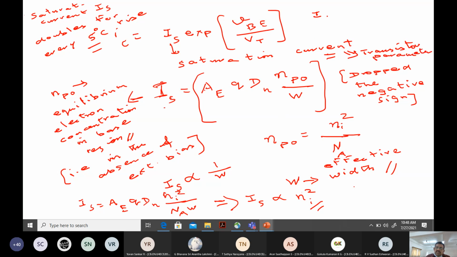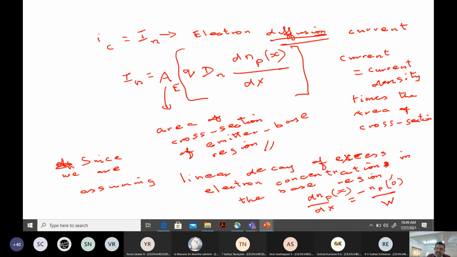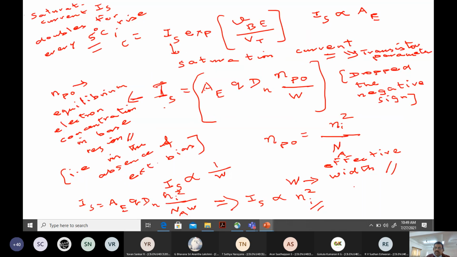IS is proportional to the area of cross section A_E, the cross sectional area of the emitter base region, which means it scales with the area. So IS is also referred to as the scaling current. Saturation current and scaling current. So you have to understand these facts.